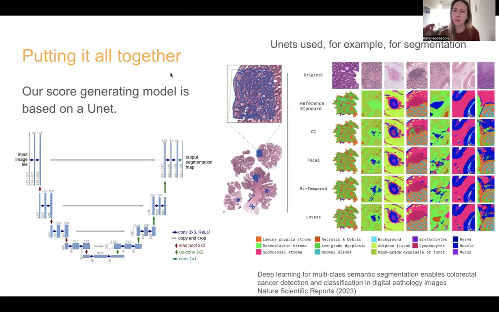Okay, so we're now able to put the components together. So do you remember the score generating model? This thing typically has the form of a U-net. And U-nets are a very common architecture for computer vision. They're used, for example, for tasks like segmentation.